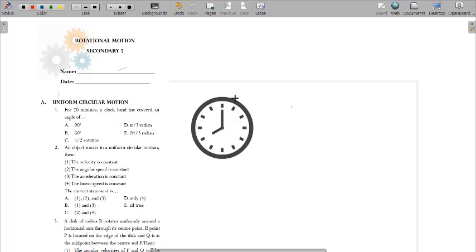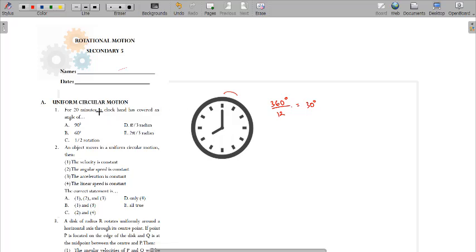Okay, so if one digit on the clock, how many degrees? You can check, one full rotation is 360 degrees, correct? This is for 12 digits. So for one digit it's 360 degrees divided by 12, that is 30 degrees.